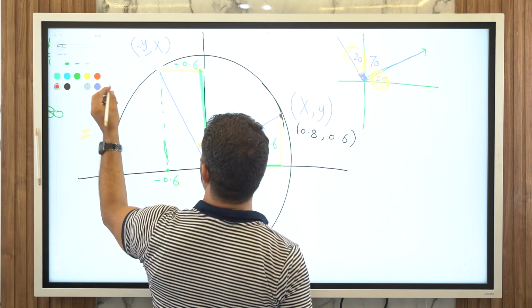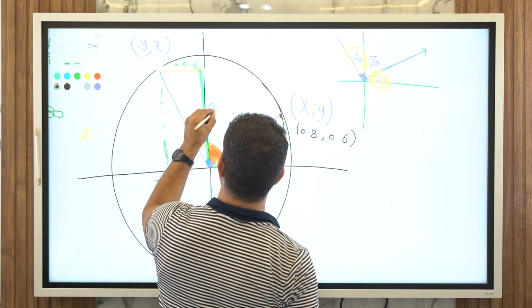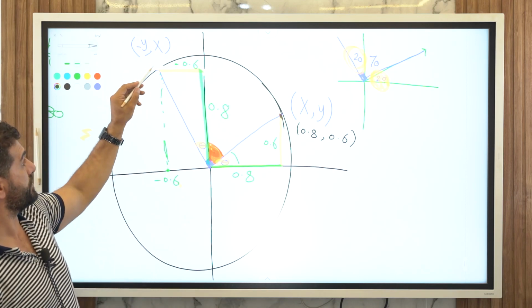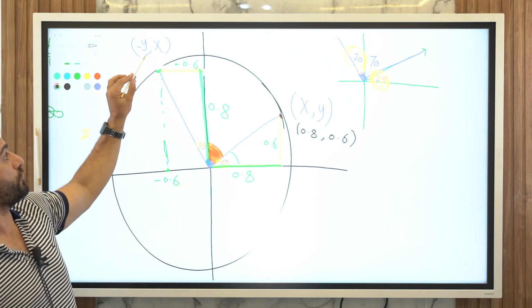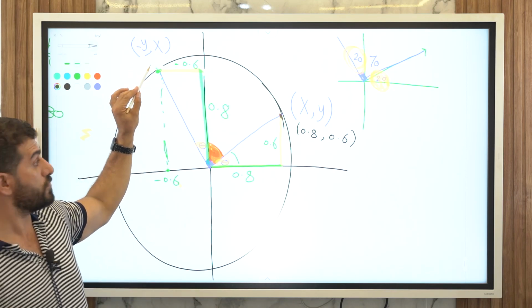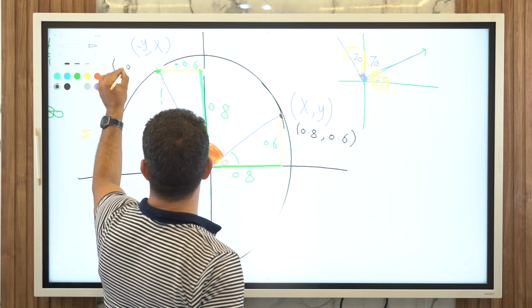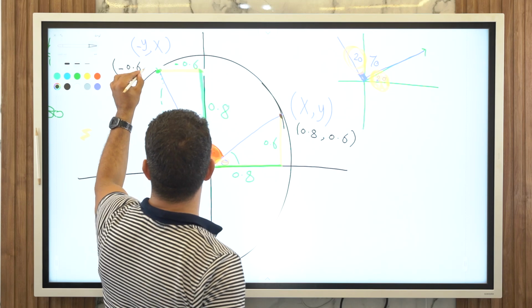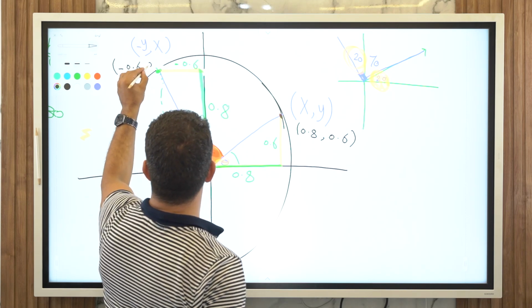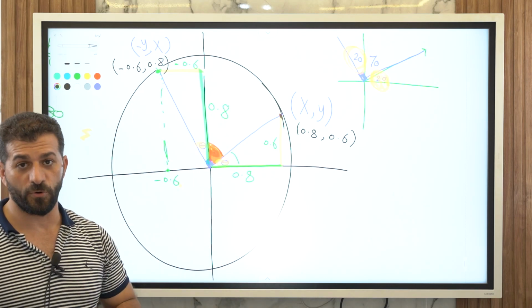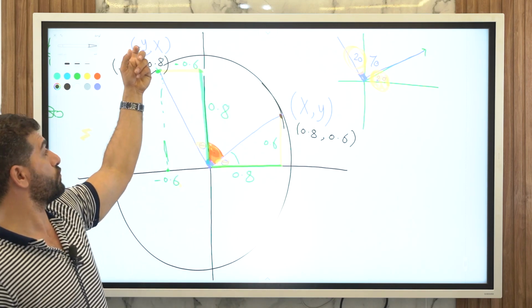If we focus again on this triangle, you will find the two coordinates of this point are going to be negative 0.6, and y is 0.8.